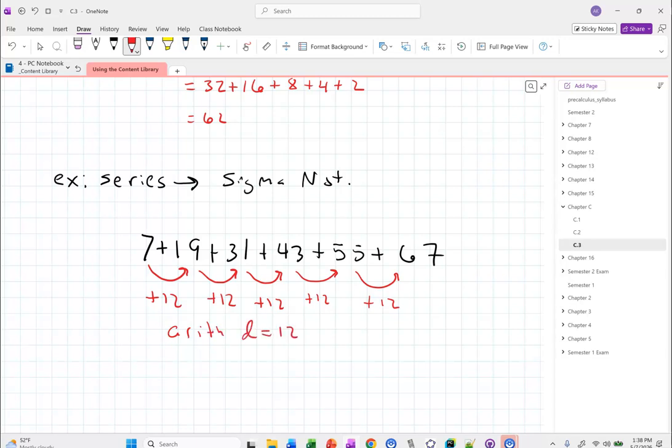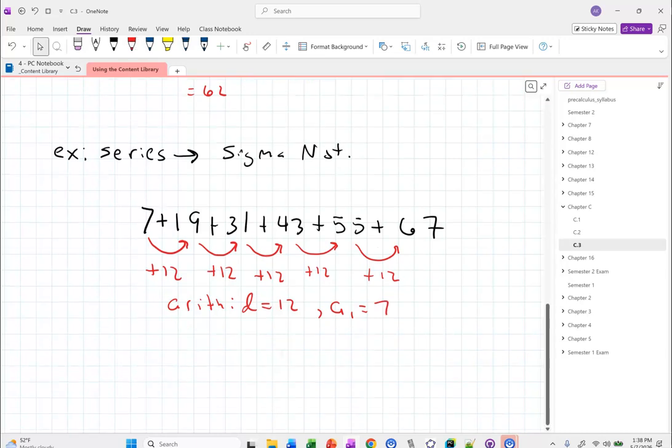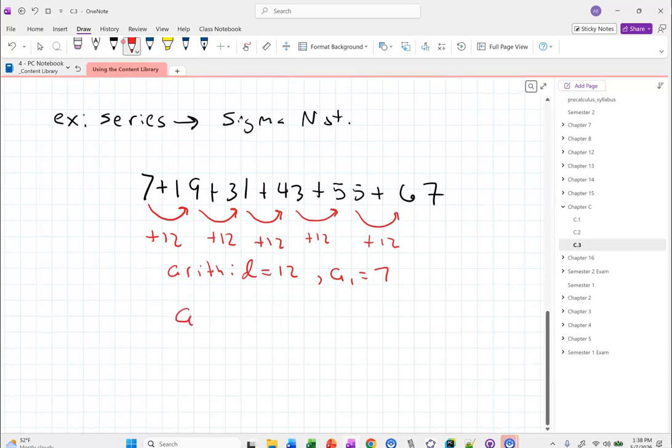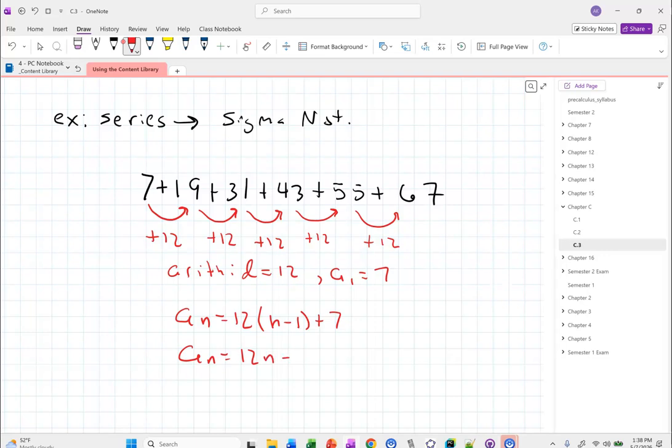So I know this is an arithmetic sequence. I know d is equal to 12, and I know the first term is 7, so I can write my explicit formula. That's going to simplify down to 12n minus 5.